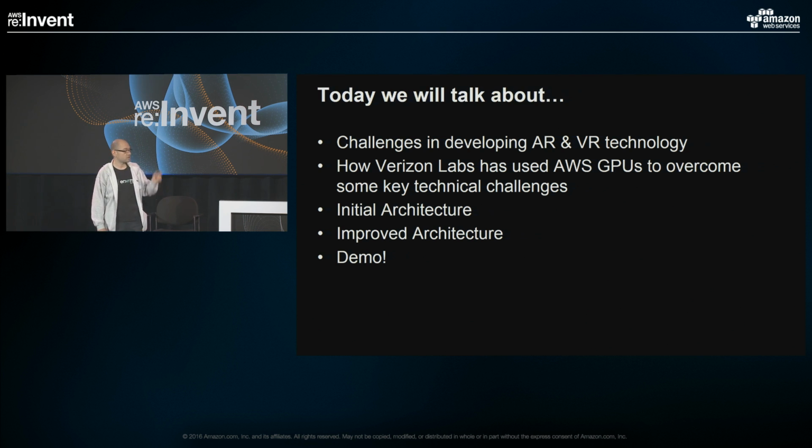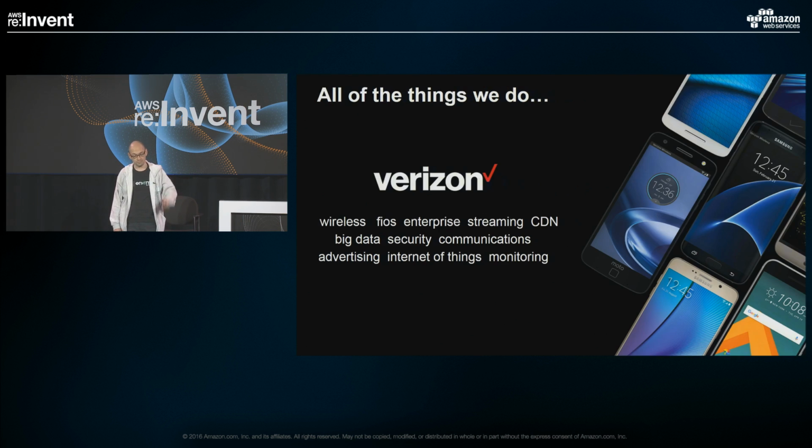In addition, we're going to talk about what our initial architecture was when we started working on this, and then how we leveraged AWS to come up with an improved architecture. And then finally, I'm going to show you a few demos of how we've used our platform to enable both an AR and VR experience in the real world.